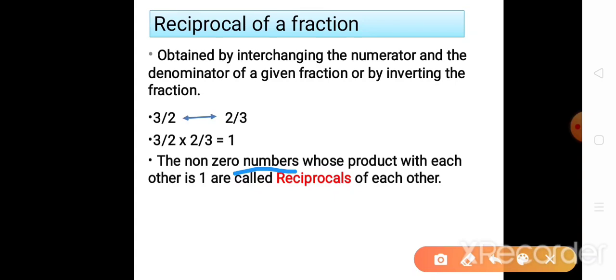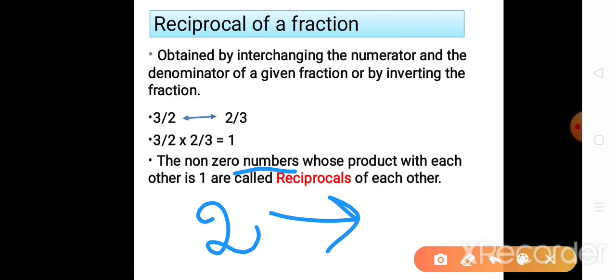See, suppose we have a number, say 2. Now if I ask you to write the reciprocal of the number 2, will you be able to tell me the answer? Well, before going to find the reciprocal of this number, you have to write the number in its fractional form.